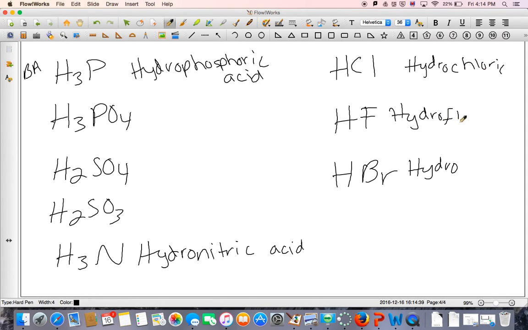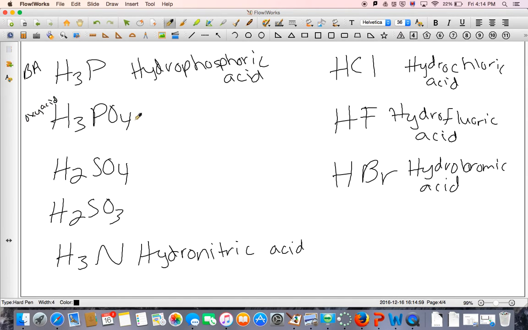Instead of fluorine or fluoride, it becomes fluoric. And bromic. And if that's a binary acid, that's all you get. Hydrochloric acid, hydrofluoric acid, hydrobromic acid. You're done.